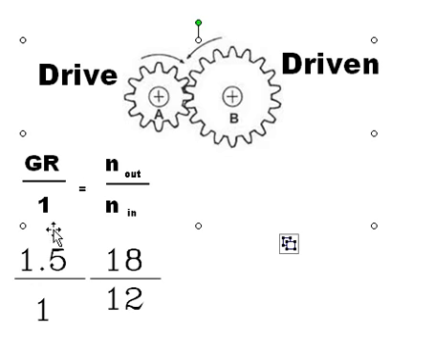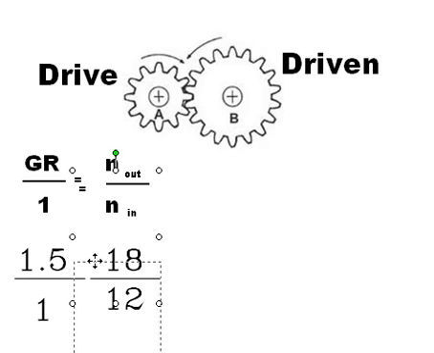You can say that 1.5 over 1 is equal to 18 over 12. So the gear ratio in this case is going to be 18 over 12, or 1.5.